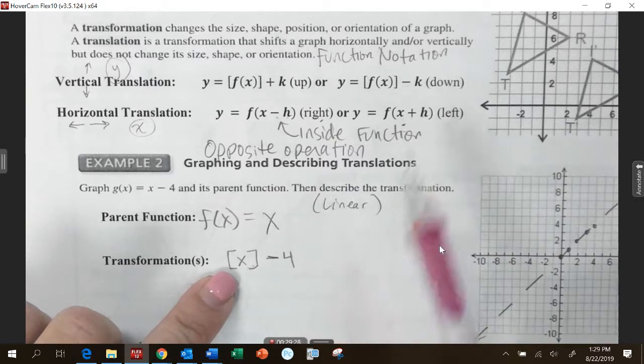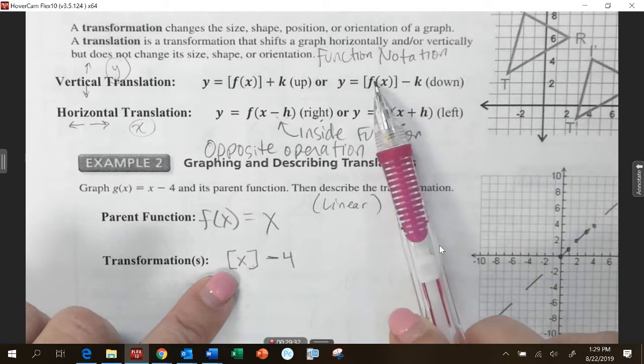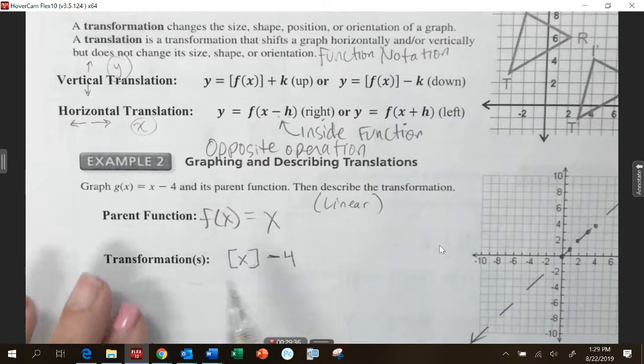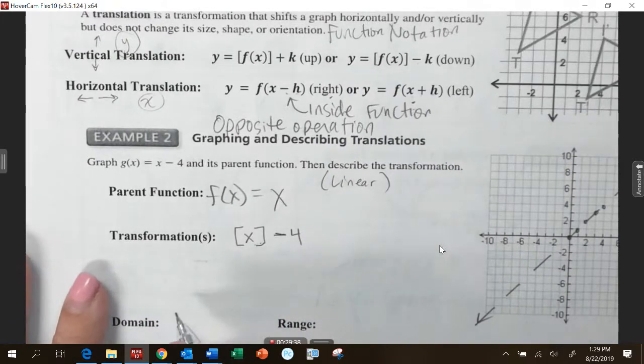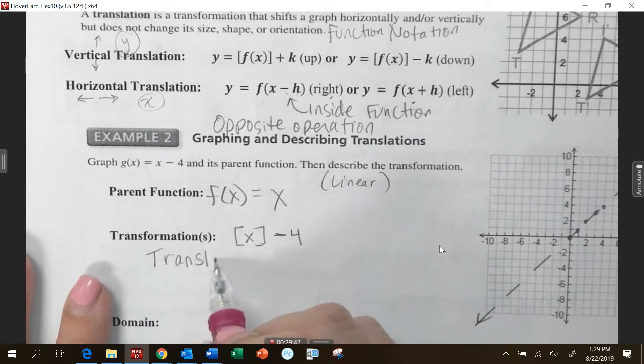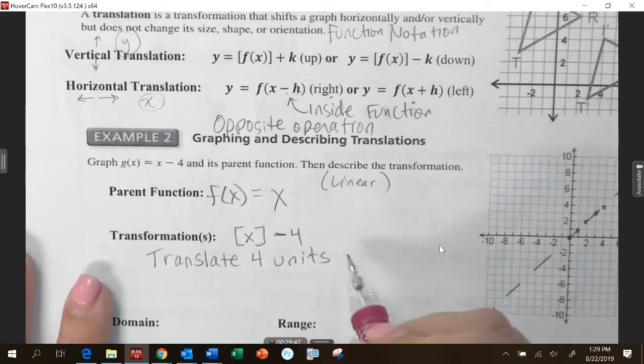Down. The vertical translation down. See how that one has the function, then take away 4. So to describe the translation, we use the mature vocabulary and we write translate 4 units down.